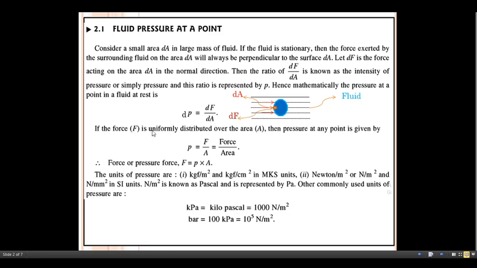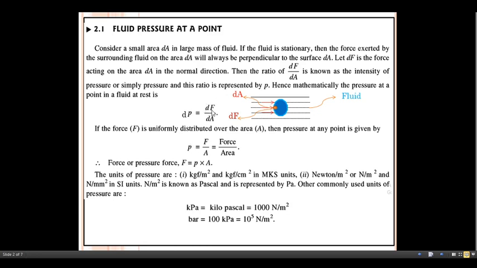If the force F, meaning the total force, is uniformly distributed over the entire area, then the pressure at the point is given by this relation.